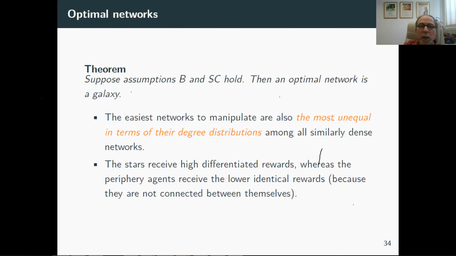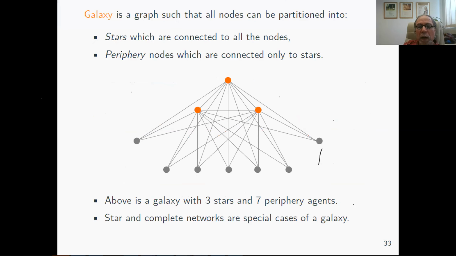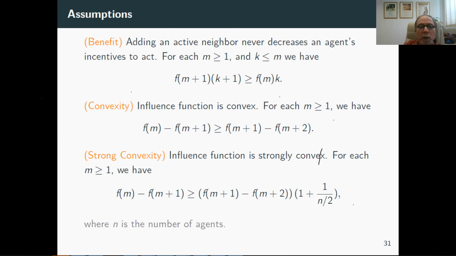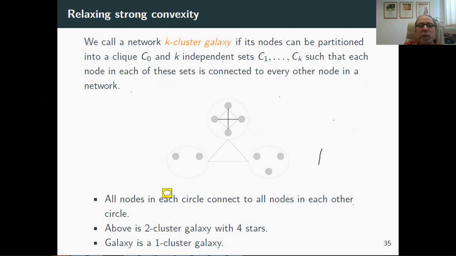So why do I need this structure? If you give up the condition of strong convexity, then we can only guarantee that the optimal graphs are of the form of a K-cluster galaxy.